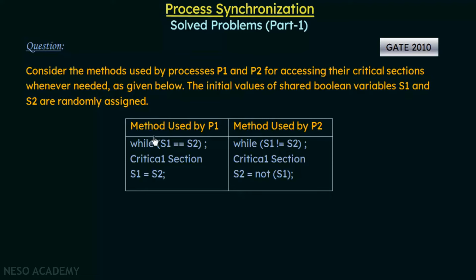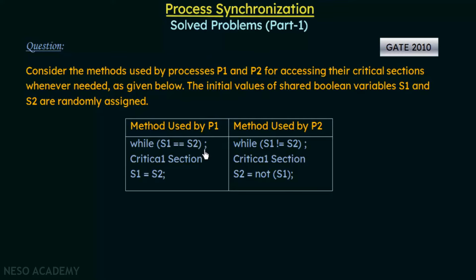And what is the method? For process P1, it says while S1 equal to S2, followed by a semicolon. That means as long as S1 is equal to S2, whenever S1 and S2 are the same, P1 will not be able to enter its critical section, but will be stuck in this while loop.